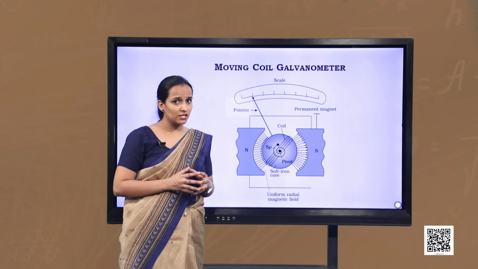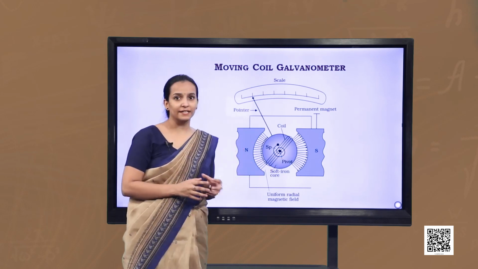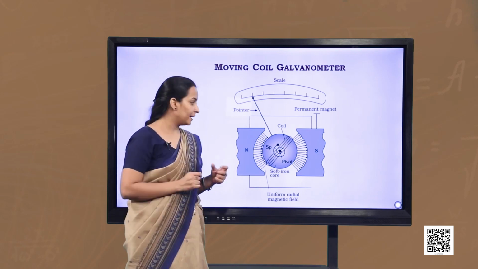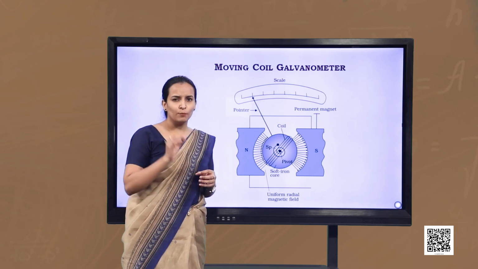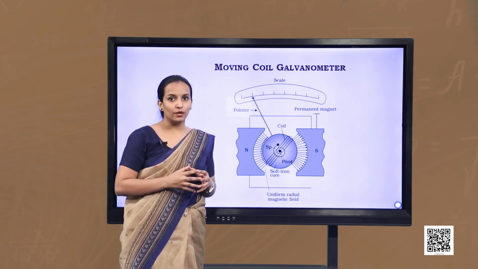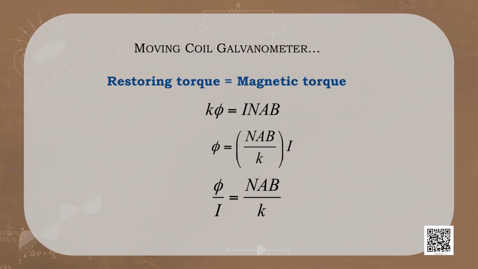As we have discussed, when a current flows through a coil placed in a magnetic field, it experiences torque. And here the spring SP provides a counter torque that balances the magnetic torque, resulting in steady angular deflection. Let us understand this mathematically.